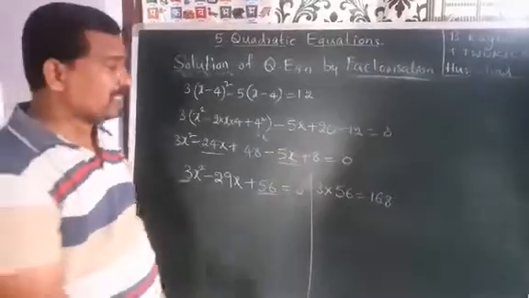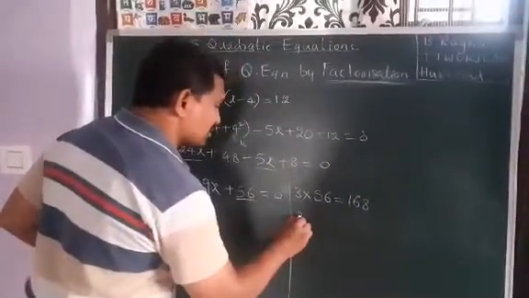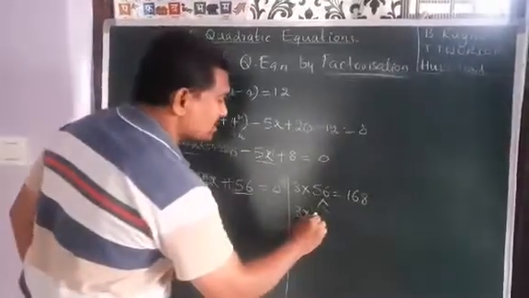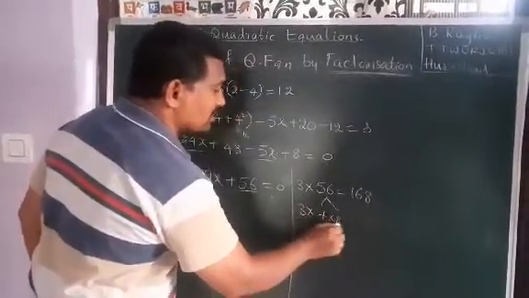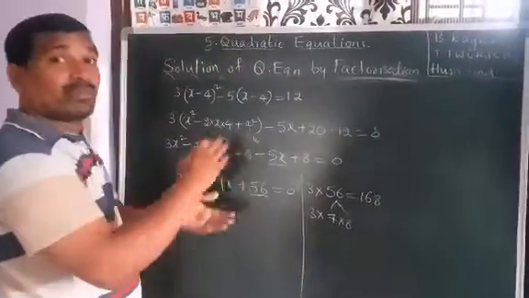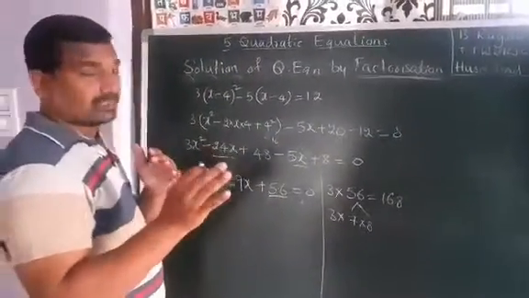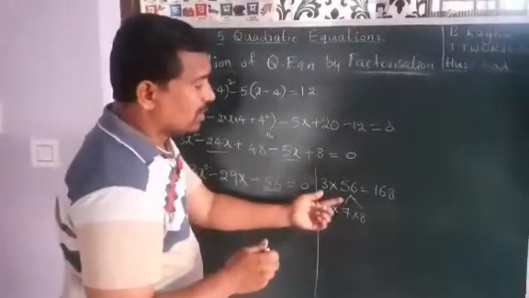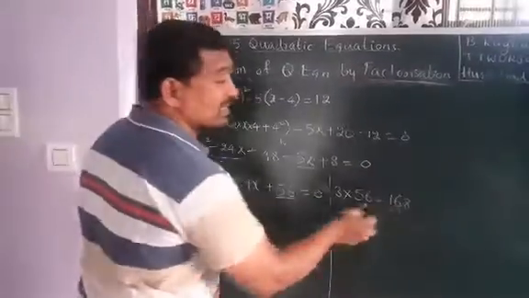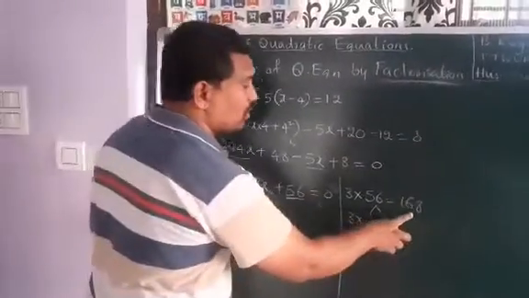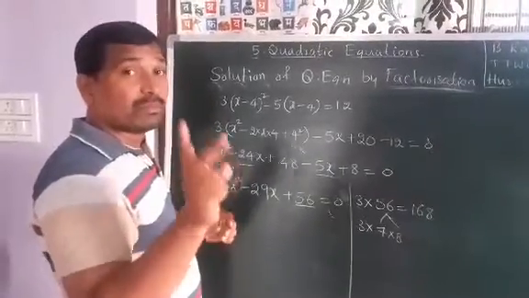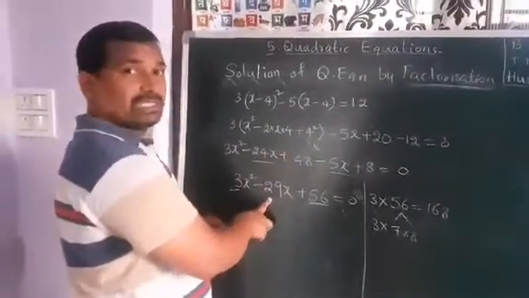So you split this 56. 56 can be split as 7 into 8. 7 8s are 56. Now you can take the product again. Write this 168 as a product of two numbers. The sum of the two numbers should be minus 29.